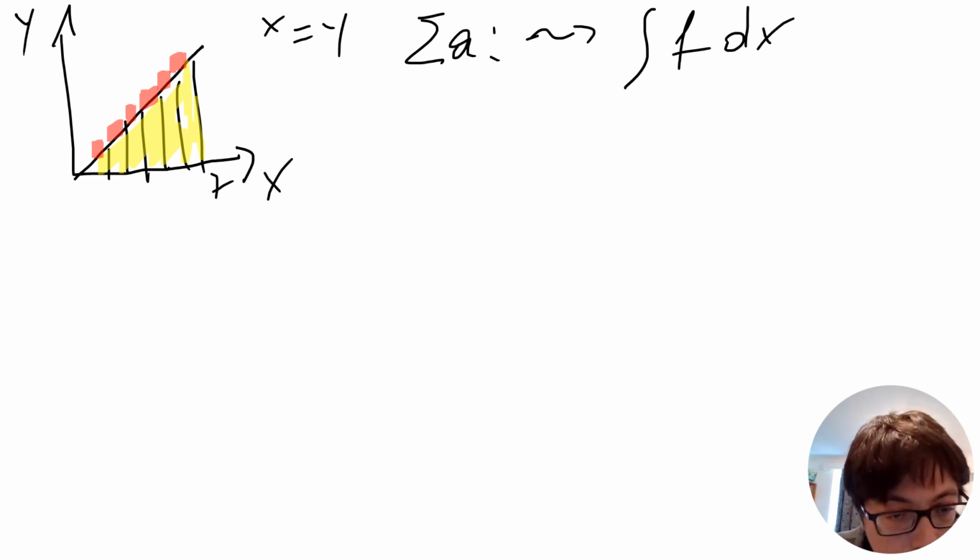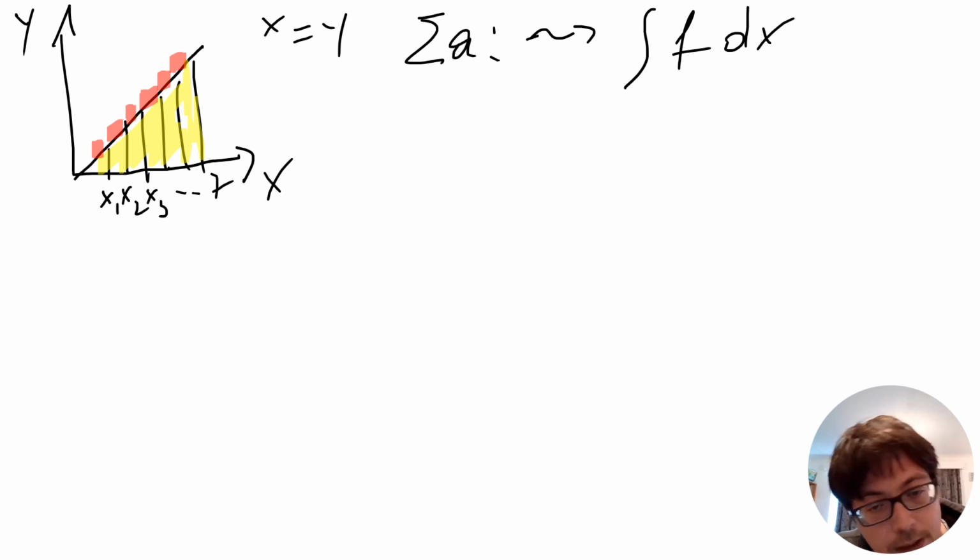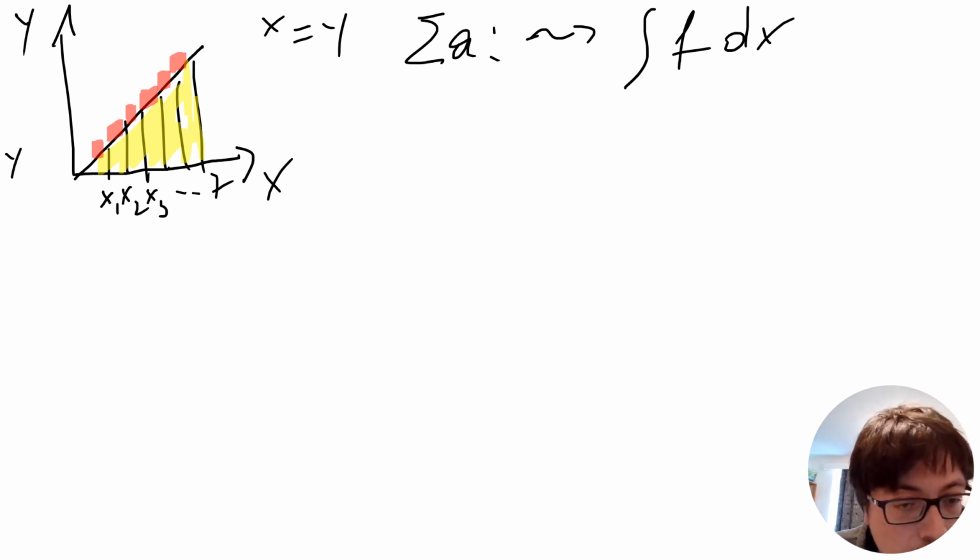And we can call these points, which we know are integers, x1, x2, x3, up to x7, for example. And since we are dealing with the function x equal to y, each y is equal to x. So in this case, y1 will be equal to x1, and so on, up to x7, which is y7.